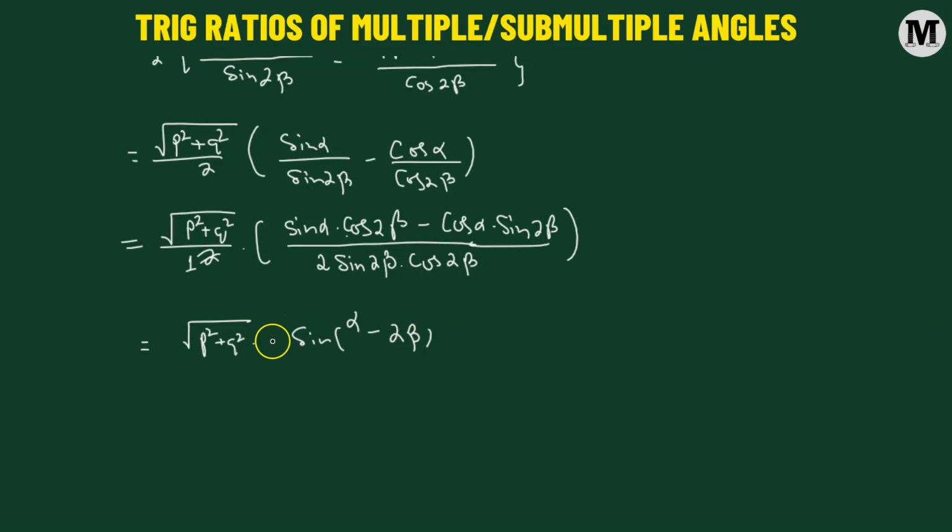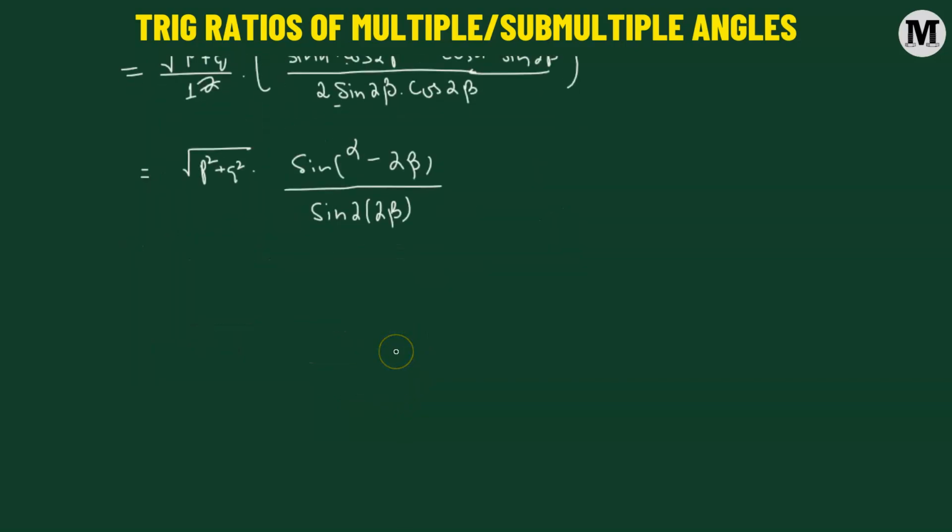That's a standard formula. Whole divided by 2 times sine of angle 2 beta times cosine of the angle 2 beta, which will give us sine of 2 times the angle 2 beta. Okay, so let's further simplify. We have square root of P squared plus Q squared multiplied by sine of alpha minus 2 beta divided by sine of angle 4 beta.